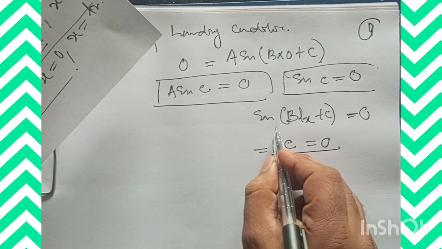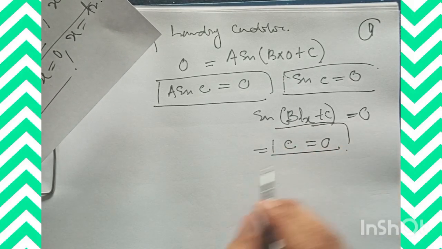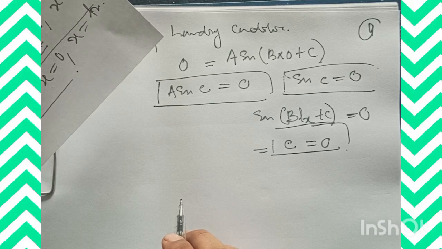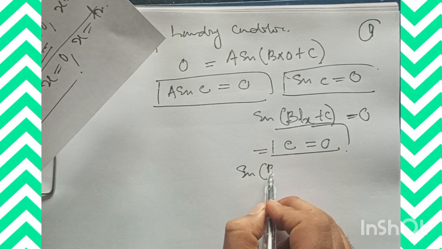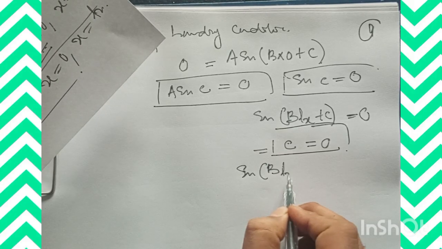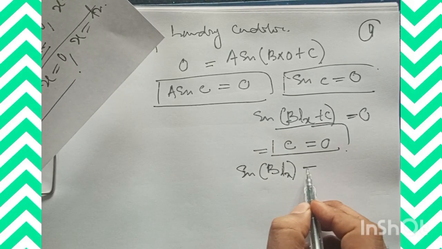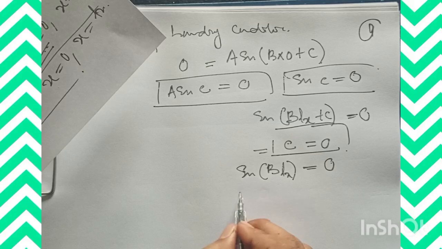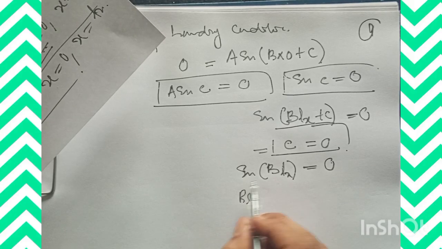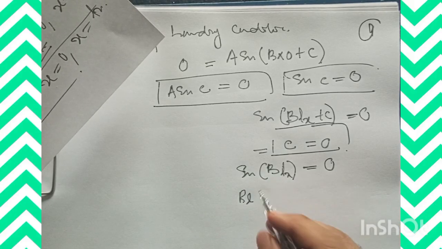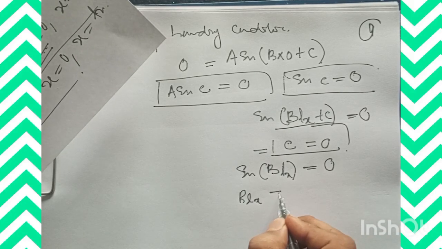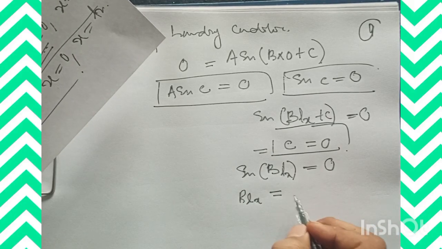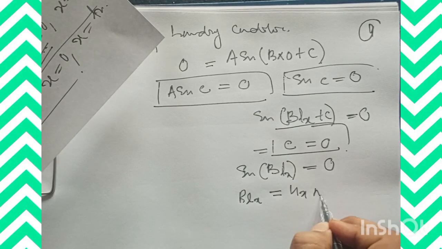So from here, I can use c is equal to 0. Now, which will yield that sine of bLx is equal to 0. Because sine of something equal to 0 means sine of n pi, bLx will be equal to nx pi.